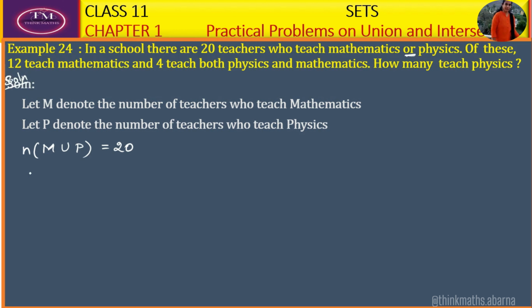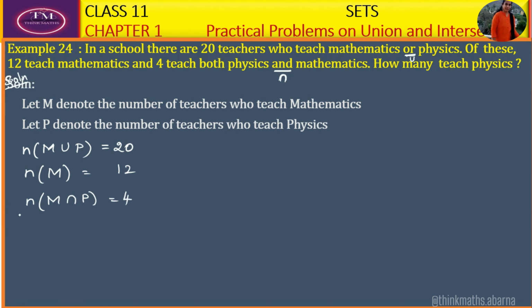That means the number of teachers who teach mathematics is 12. And 4 teach both physics and mathematics. So this "and" indicates a teacher can teach both physics and mathematics. So it is intersection. So "and" is for intersection and "or" is for union. So the number of teachers who teach mathematics and physics is 4.